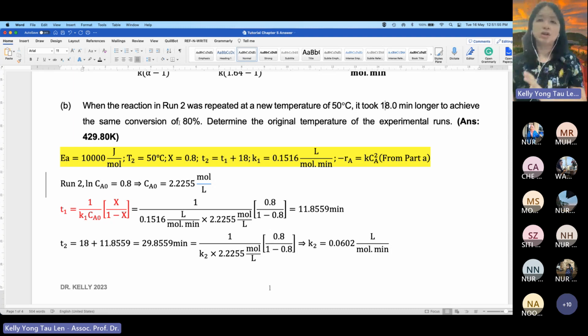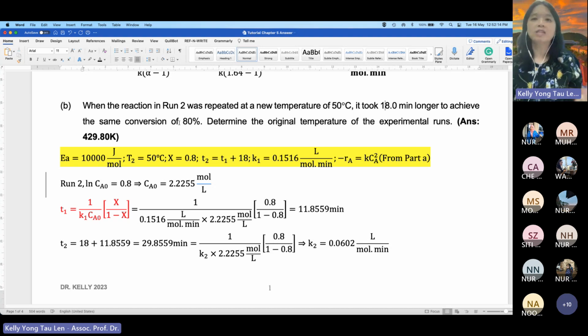Okay, so that's the correlation. Saya kena tahu dulu masa tindak balas saya pada suhu asal yang saya nak tahu. Saya tambah 18 minit kepada masa tindak balas tu, I will use that reaction time to find my new K ataupun my K2.